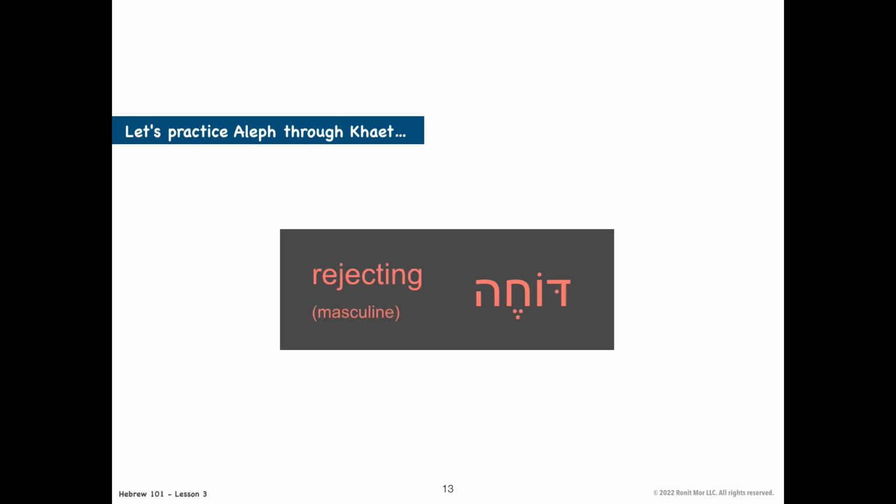Next. Doche. Doche. That's rejecting. So the other one was rejected, and this one is rejecting. So it's just a different tense, but the same root.